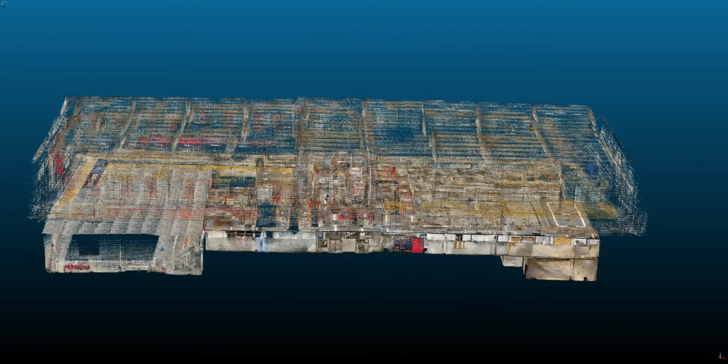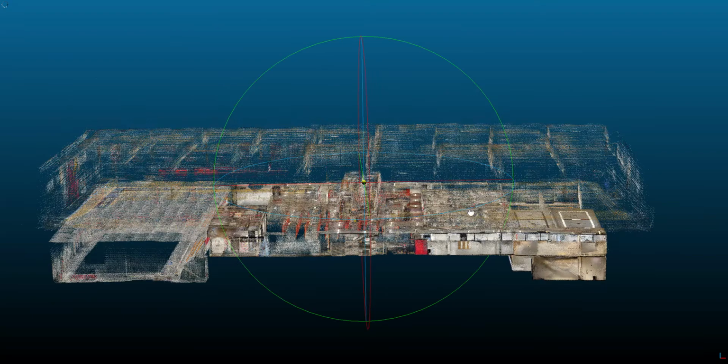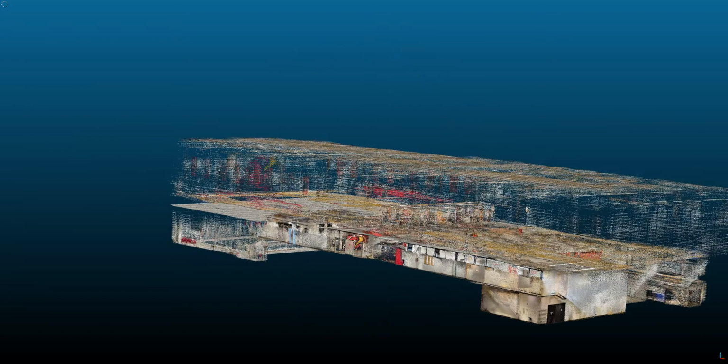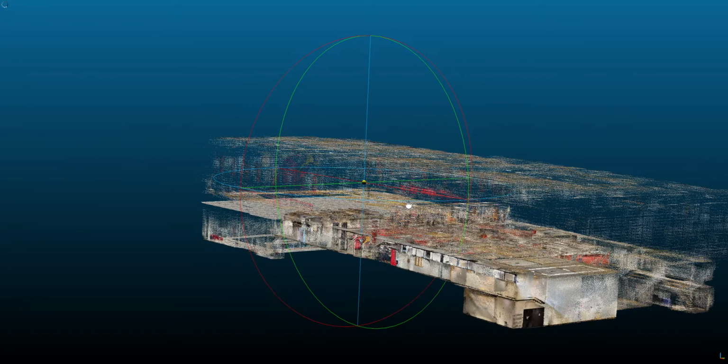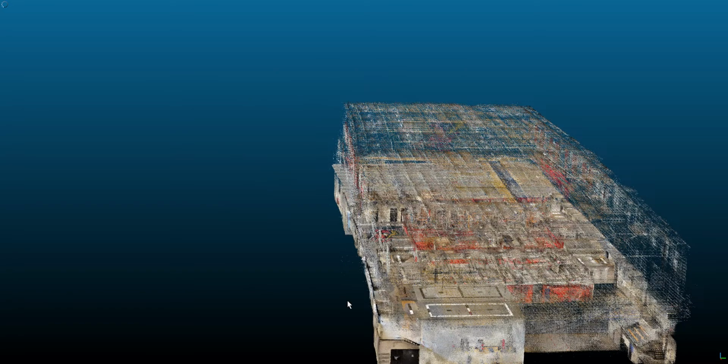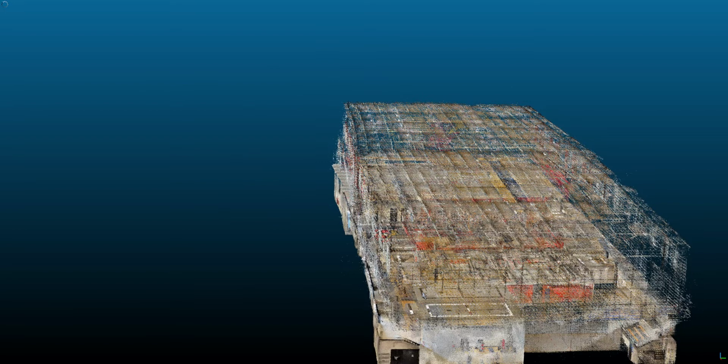So you can see some misalignment between the first and second floor here. If I move it over a little bit, you should be able to visually see that. Yeah, this was probably the biggest challenge, getting the second floor onto the first floor, just because they're two entirely different scans.